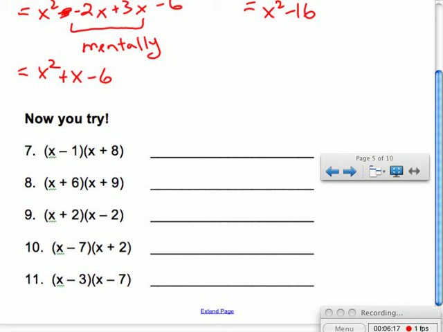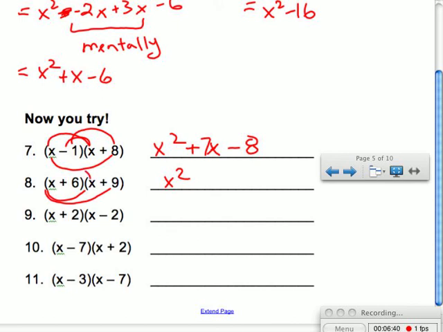So let's see. X squared plus 8x minus x, so plus 7x, minus 8. Okay. X squared plus 9x plus 6x, so plus 15x, plus 54. Okay.